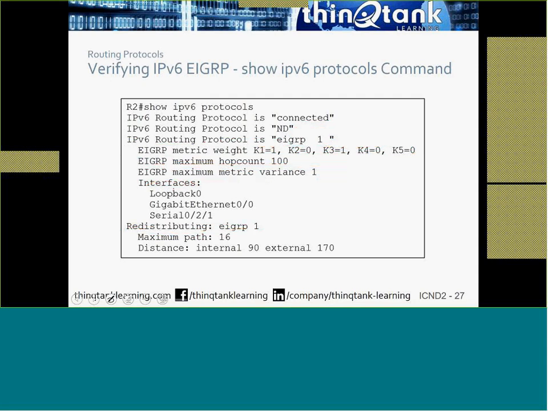Because we don't use network statements, we see that we've implemented the protocol directly on the interfaces. Maximum paths of 16, same as maximum paths of 4, but in this case, just a lot more. And then the internal and external administrative distance values for EIGRP. It's good stuff.